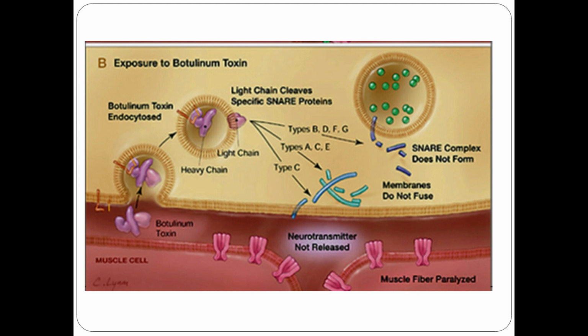As you can see, the proteins of the synaptic vesicles, the SNARE proteins, are destroyed, so the complex cannot be formed. And if the complex does not form, the fusion of the synaptic vesicles does not occur, which will not result in the release of acetylcholine.